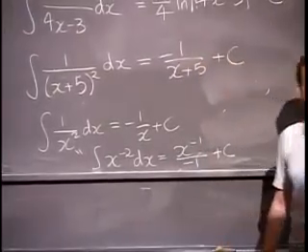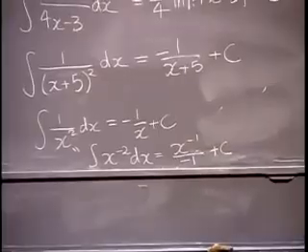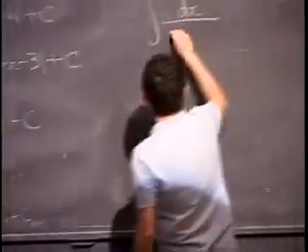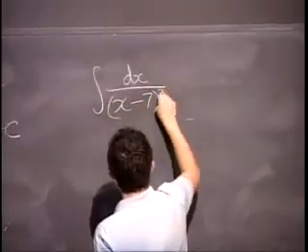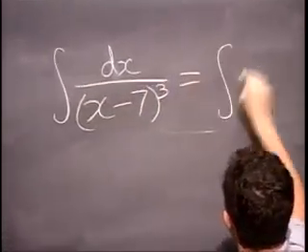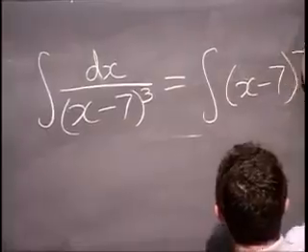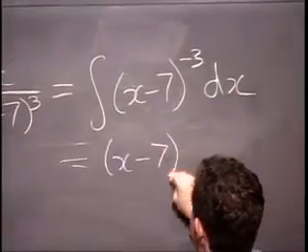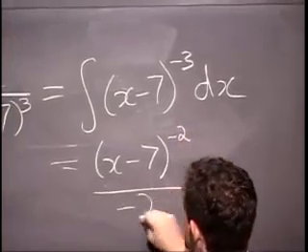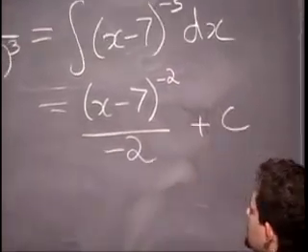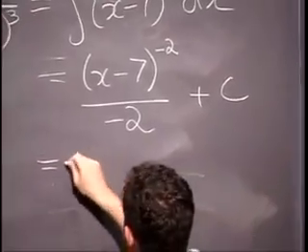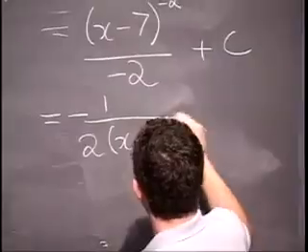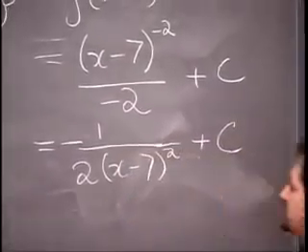The same sort of technique works if you happen to have a cubic. For example, if you wanted to integrate 1 over x minus 7 all cubed, just write this as x minus 7 to the power minus 3, and then write it as x minus 7 to the minus 2 over minus 2 plus a constant, and you can tidy this up as negative 1 over 2 times x minus 7 all squared, plus a constant.